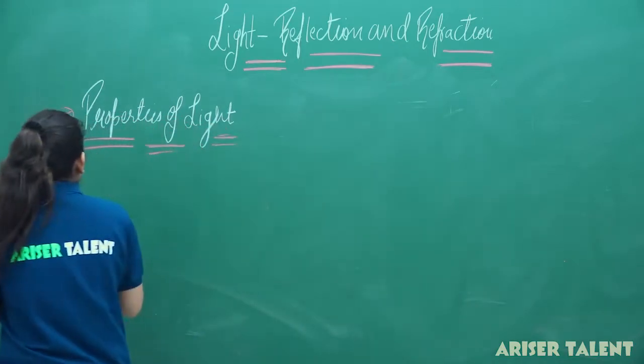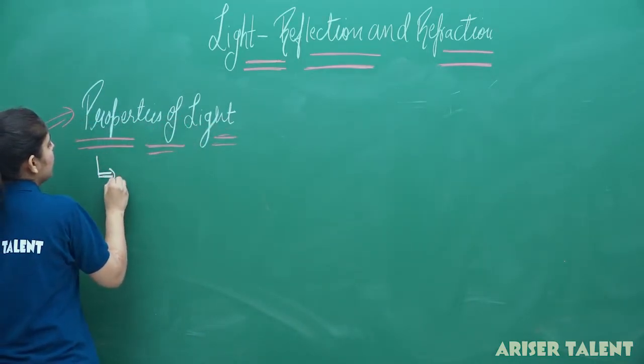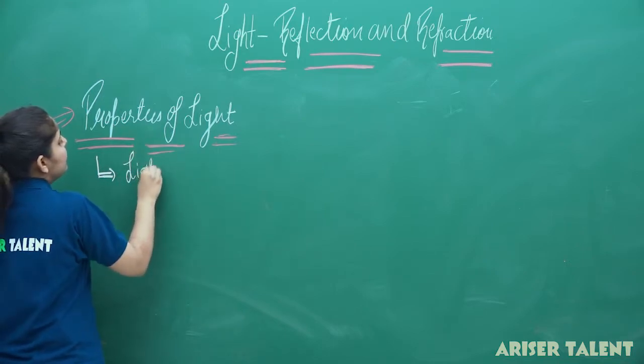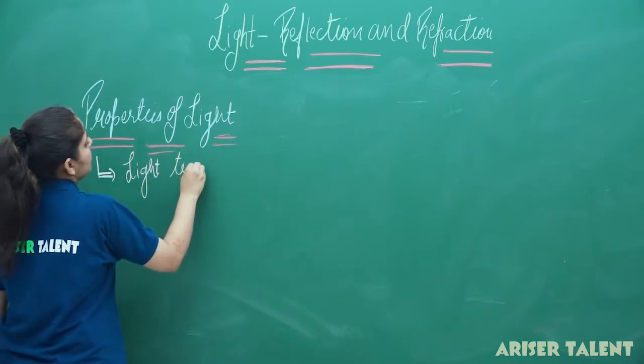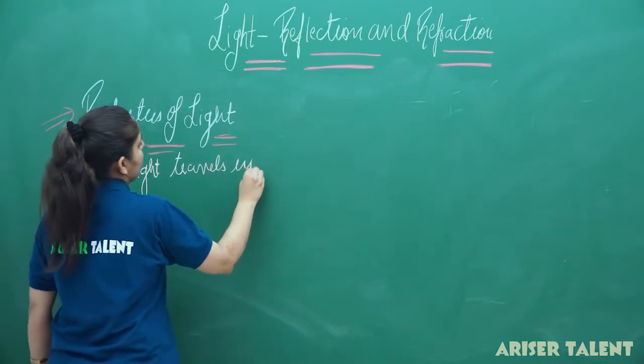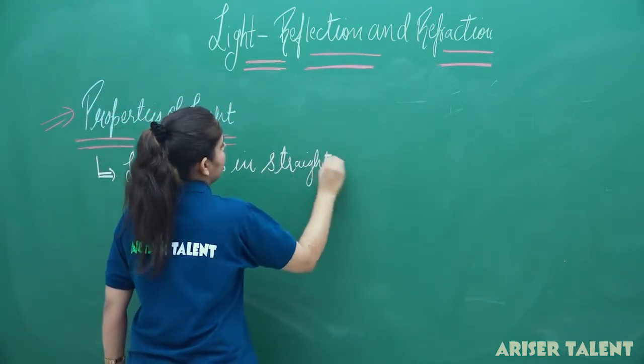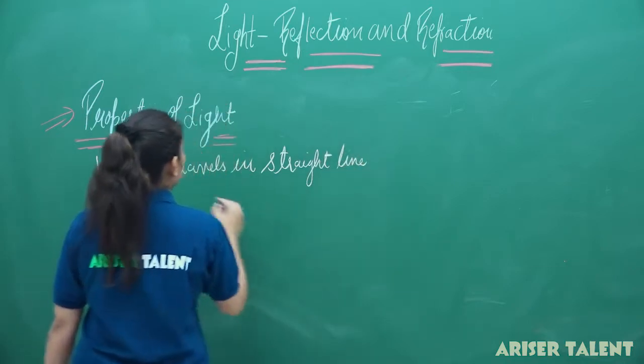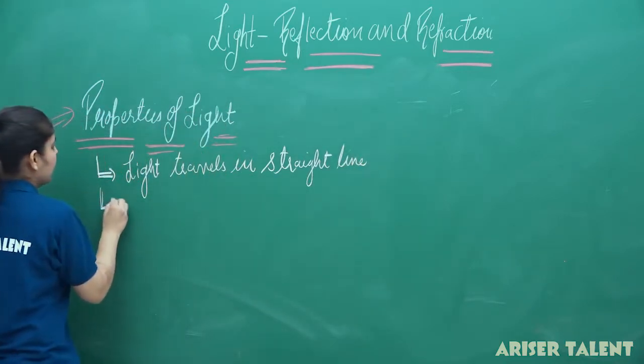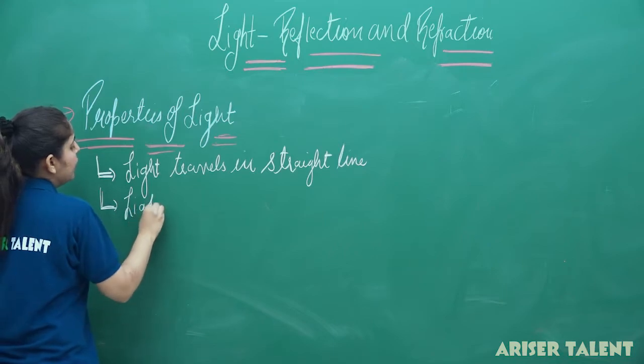So the first property we have is that light travels in a straight line. Secondly, light is an electromagnetic wave.